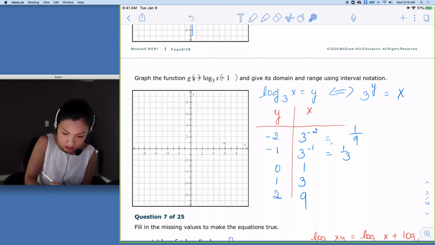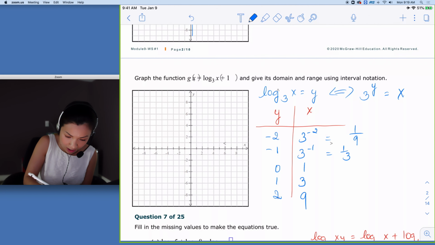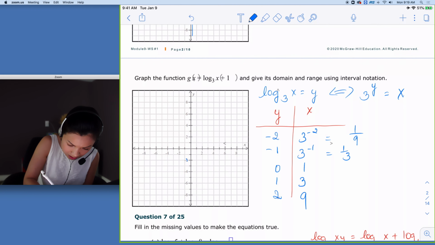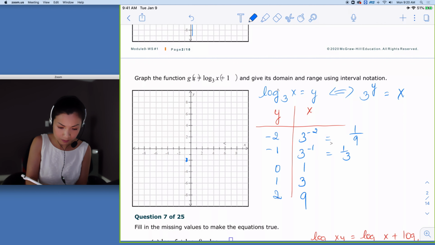(1/9, -2) here. Okay, and don't forget you're going to shift over 1. So we have right here. Okay, (1/3, -1).